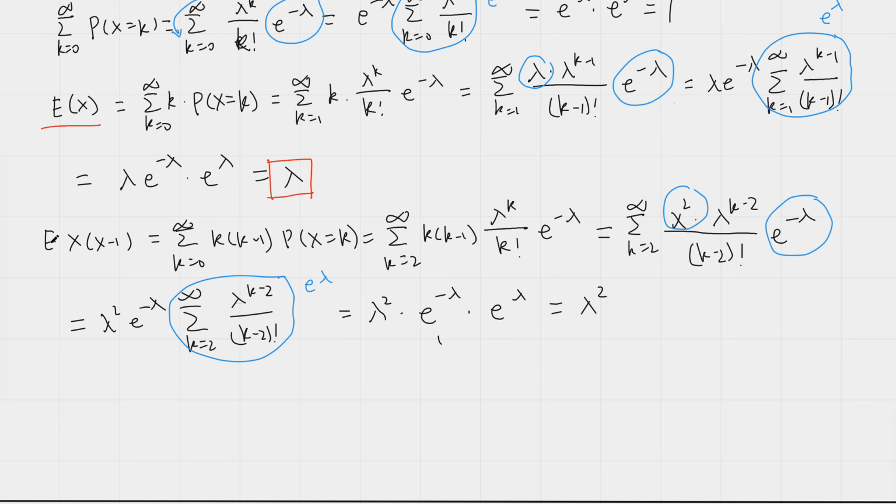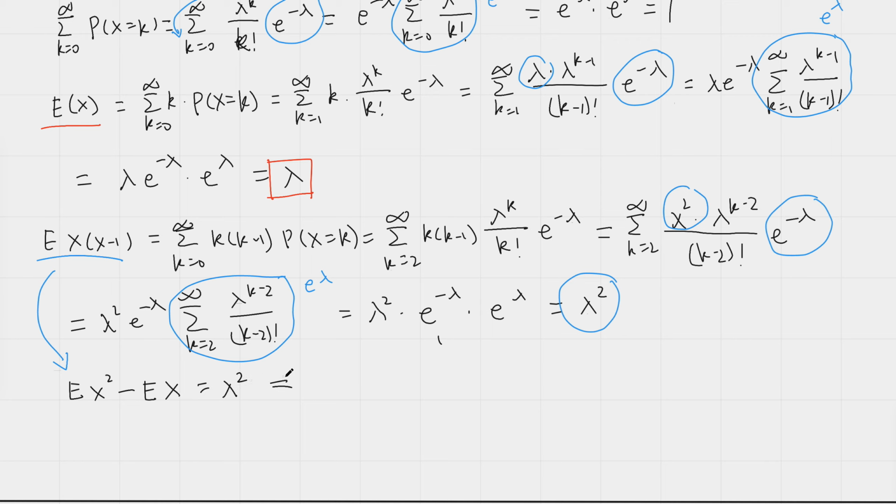Now we just proved that the expected value of x times (x minus 1) is equal to lambda squared. Now we can write this item as expected value of x squared subtract expected value of x. And we just showed this is equal to lambda squared, right?